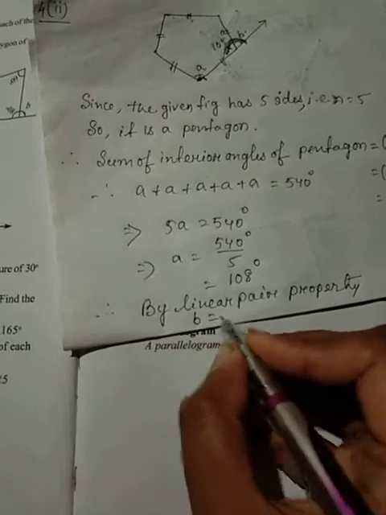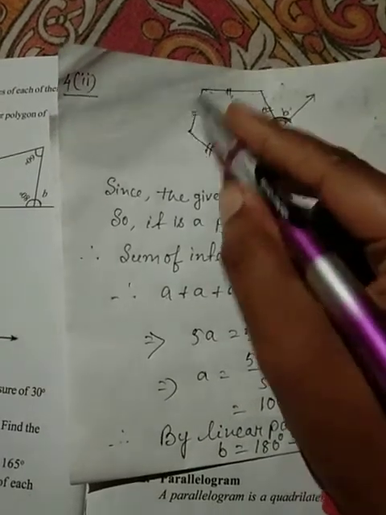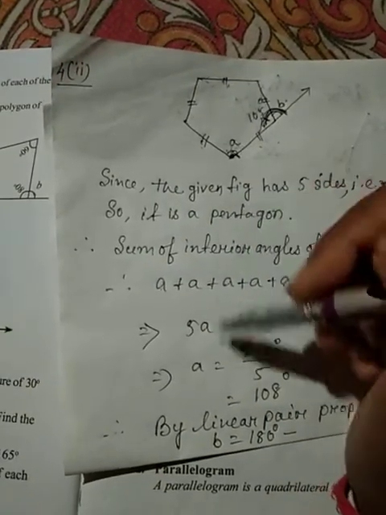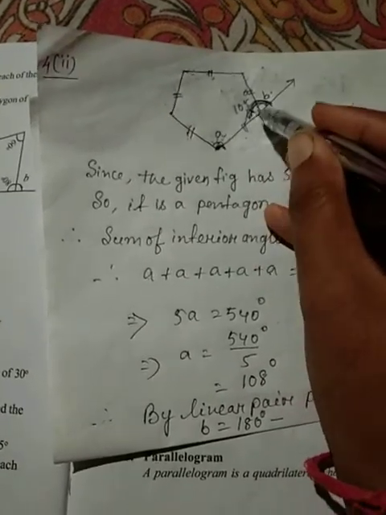B equal to what? 180 degree minus the value of this angle. Because all the angles are equal here, this angle A is 108. That means this angle also 108, this angle also 108.